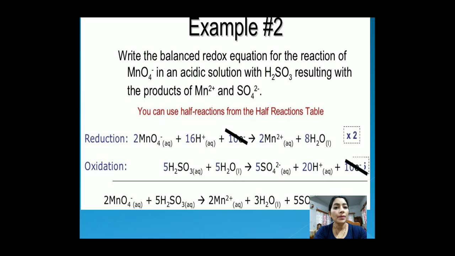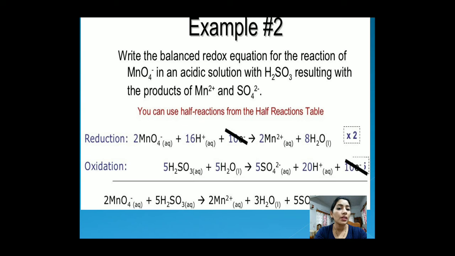Second example: write the balanced redox equation for the reaction of permanganate MnO4 ion in acidic solution with H2SO3, producing manganese ion and sulfate ion. We write down the reaction. First reaction is MnO4 plus 16H plus 10 electrons giving 2 manganese ions plus water molecules.